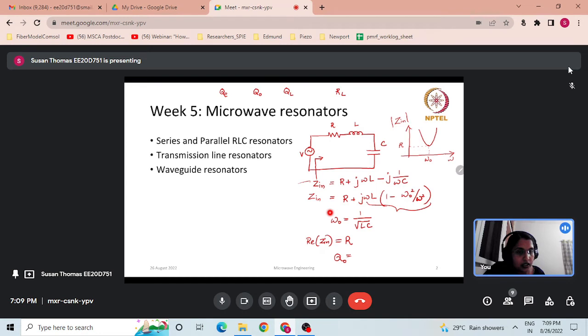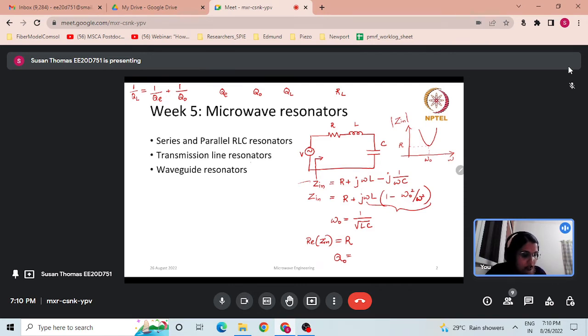These three are related. So I can write 1 by QL is equal to 1 by QE plus 1 by Q naught. This is the loaded Q factor, Q naught is the unloaded Q factor, and QE is the Q factor of the external circuit which is going to be added to this existing circuit. So this is the difference between the loaded and unloaded Q factor.